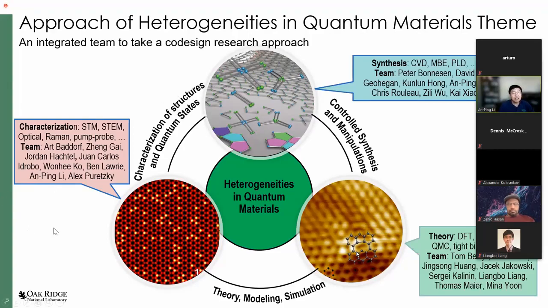And then in the characterization stage, we use microscopy and spectroscopy approaches to characterize the structure and the different degrees of freedom of heterogeneity. And then our theory team provides DFT-type calculations for the electronic structure.